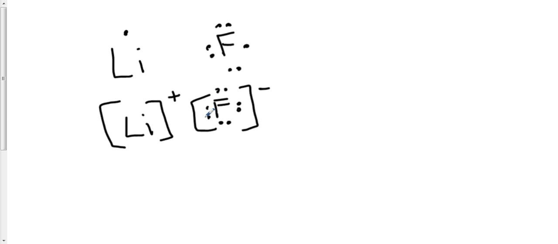And so these are chemically bound together in an ionic bond. And what identifies that ionic bond is the fact that the electron has been given over. It is not shared, it is given over completely.